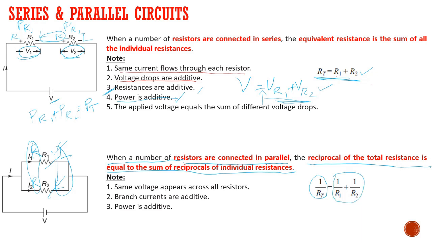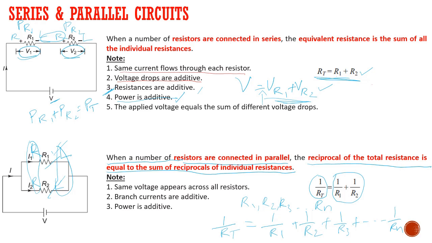We have considered two resistors, so 1 by R1 plus 1 by R2. What if we have R1, R2, R3 and more up to Rn? The same principle will be applicable. So 1 by RT is 1 by R1 plus 1 by R2 plus 1 by R3 plus so on, up to 1 by Rn. This is how we can add all the resistors when they are connected in parallel.